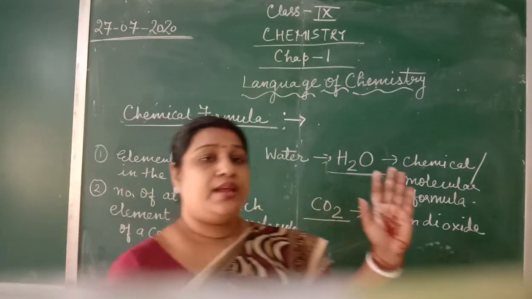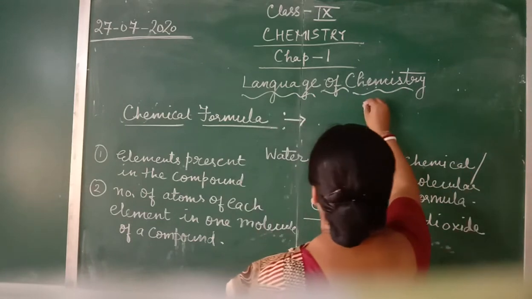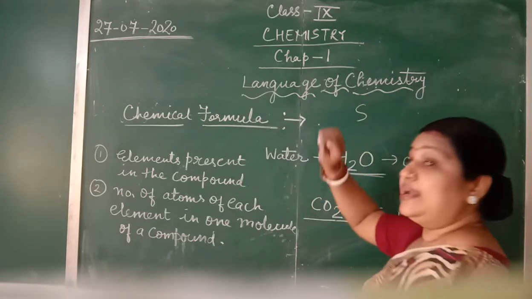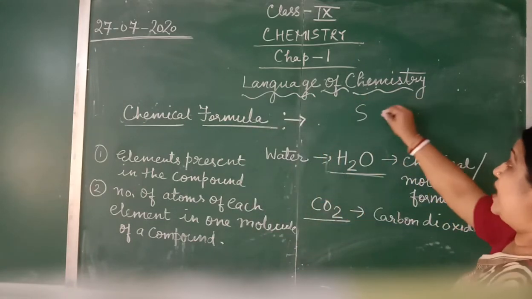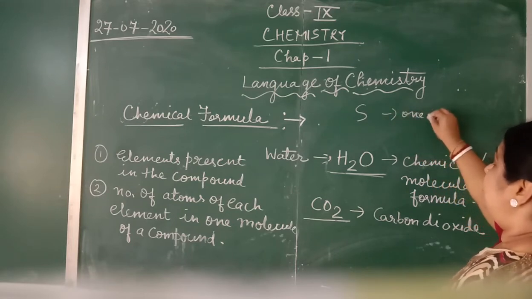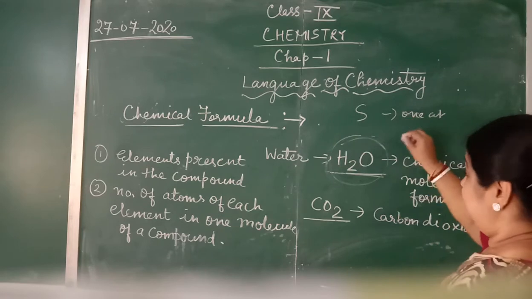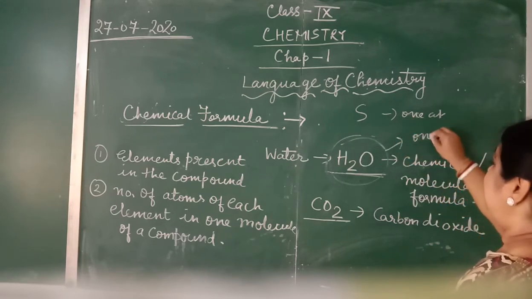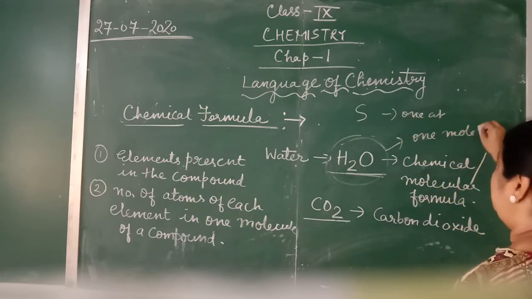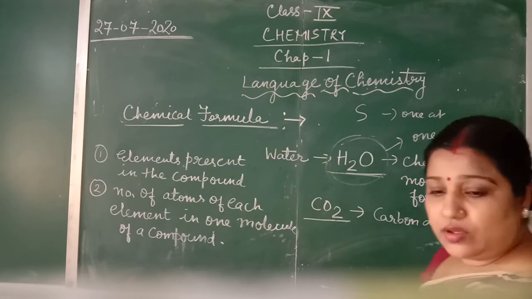So children, in conclusion, if a symbol is written, it is representing 1 atom, and if a chemical formula is written, it is representing 1 molecule. Okay.